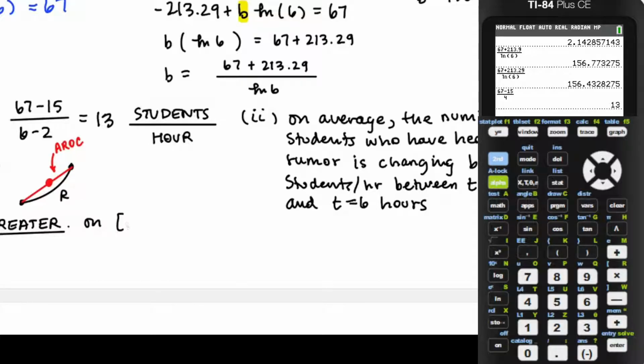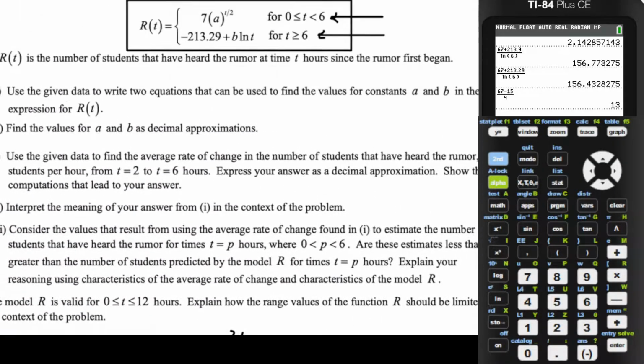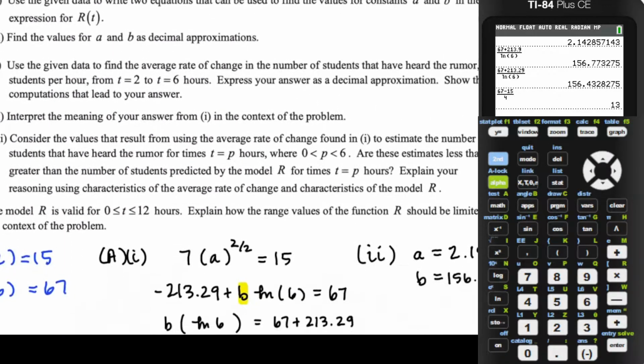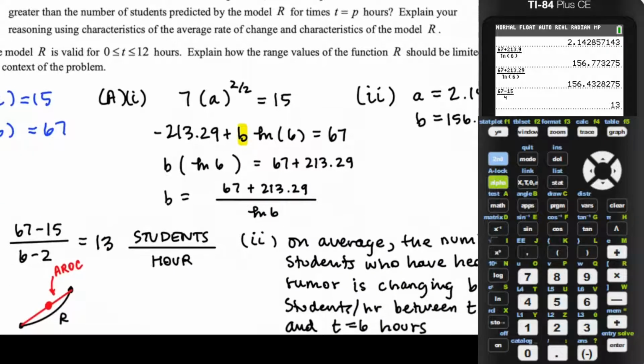On the time interval 0 to 6, R of t is exponential growth. I know that because a is greater than 0 and... Because a is meaning something else in this question, I'm going to say 7 is greater than 0 and a is greater than 1.